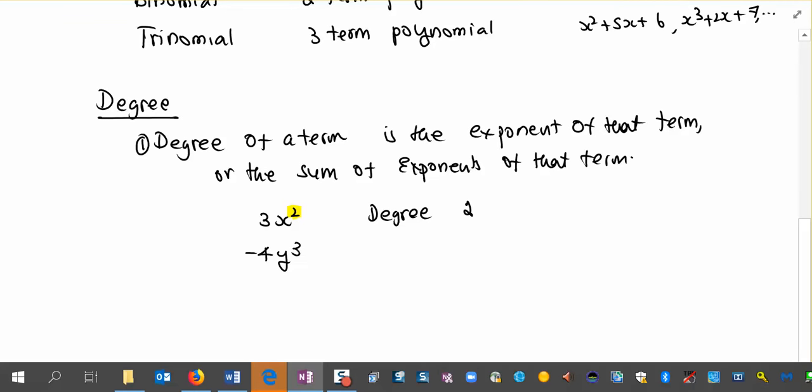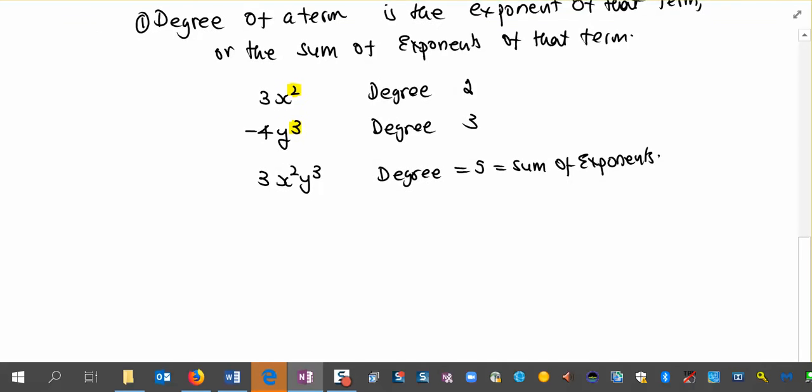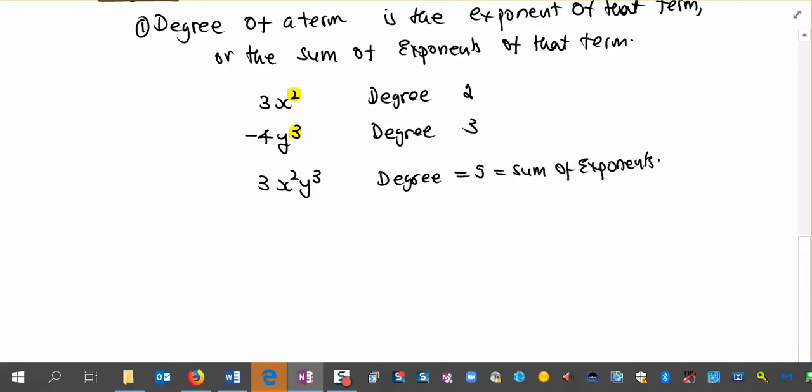4y to the third, its degree is 3 because that's what it is. But if you had more than one variable, so for example if you had 3x squared y to the 3, then the degree is equal to 5, which is the sum of exponents. Okay, 2 plus 3. As I said, there were two kinds of degrees. That's the first kind of degree.